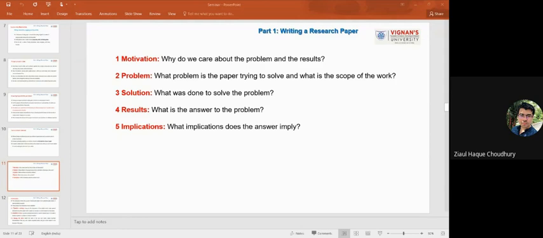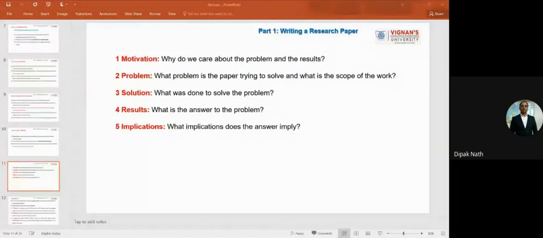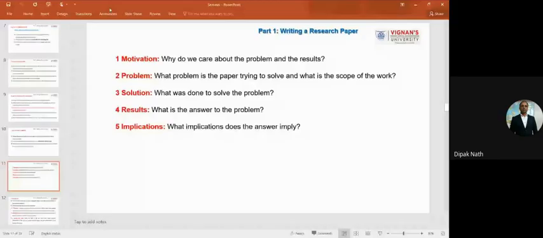Now it is moving. Is it moving now? It is slide number 11.